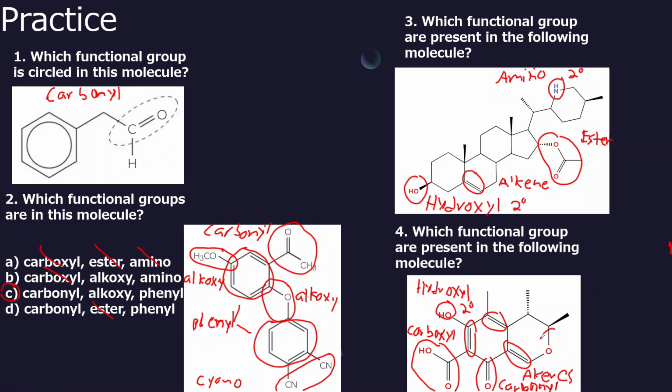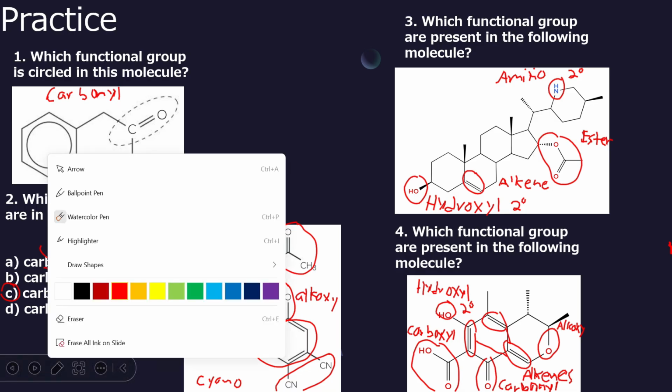And we've got C-O-C here, alkoxy. And I think that's it. Alkenes, these 3 here. All right: carboxyl, hydroxyl secondary, carbonyl, alkenes, alkoxy. All right, moving on.